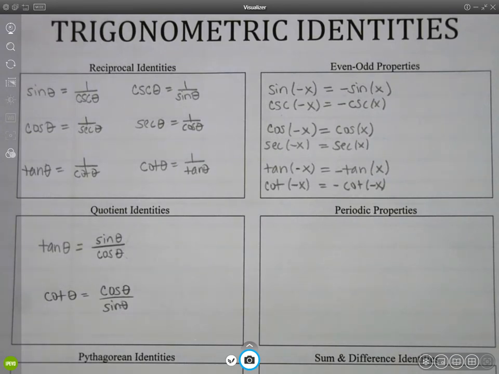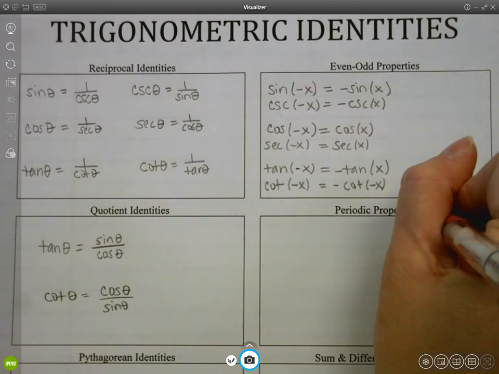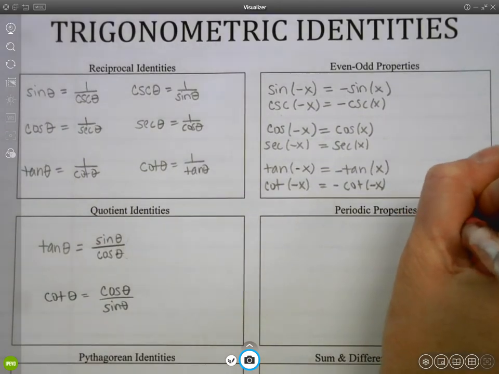Okay, so the co-functions. I don't think we ever talked about co-functions in here, but we would have done that in chapter 4. And so co-functions and periodic properties are the same thing.